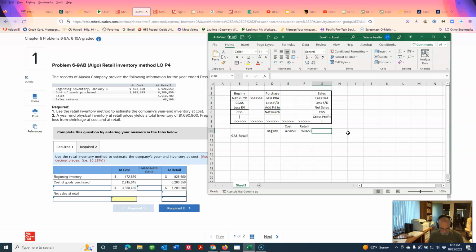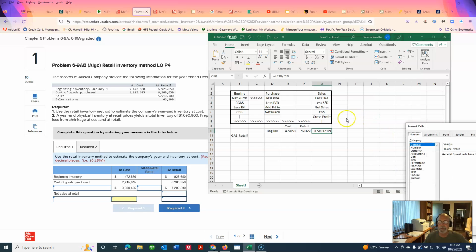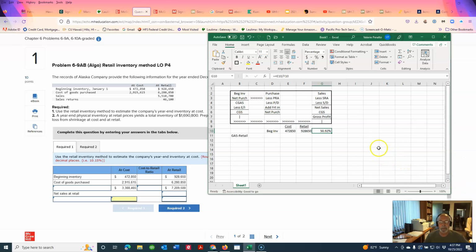The way we figure out that percentage would be to take our cost amount and divide it by our retail amount, and change that to a percentage. So our cost to retail ratio is 50.92%.